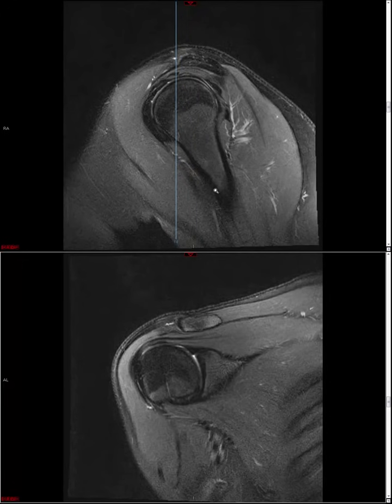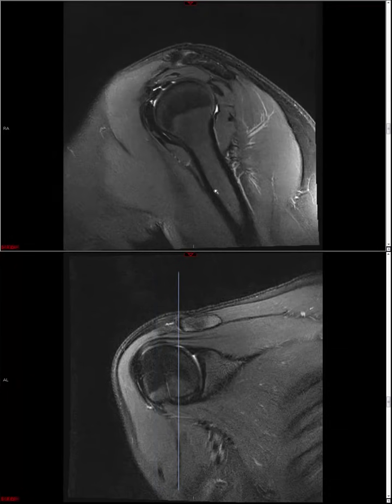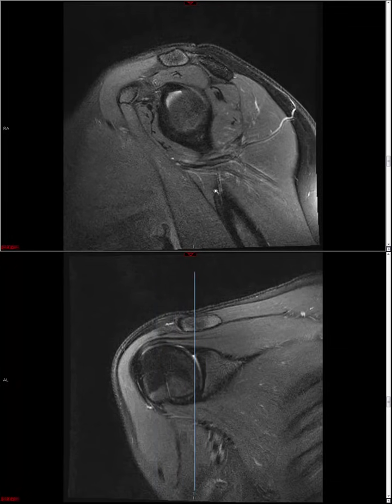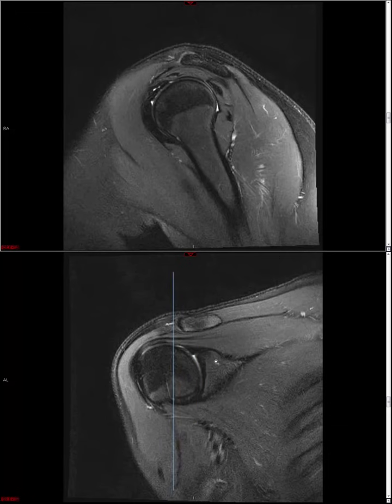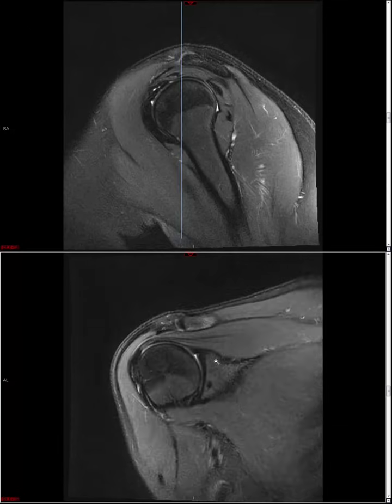Just like tendons elsewhere, as you can imagine, the rotator cuff tendon should demonstrate homogeneous low signal on all sequences. We briefly talked about magic angle artifact when we looked at the knee, and unfortunately that artifact rears its ugly head again, especially on the coronal images, and especially if you're looking at a proton density fat saturated sequence or proton density non-fat saturated sequence, again any short TE sequence.